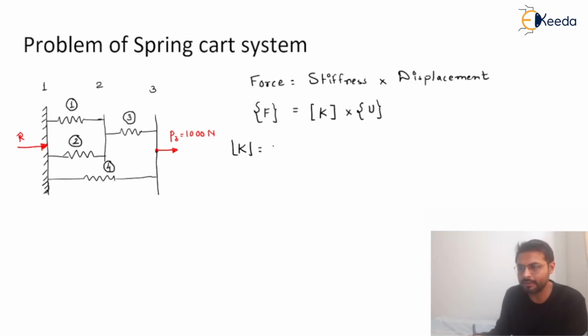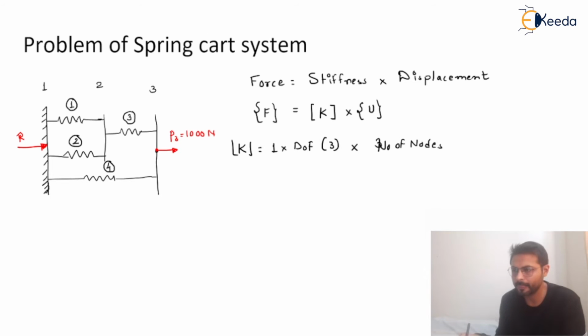The size is the number of nodes times the degrees of freedom. We have 3 nodes, 1, 2 and 3, so 3 degrees of freedom. So the size of the stiffness matrix will be 3 cross 3.